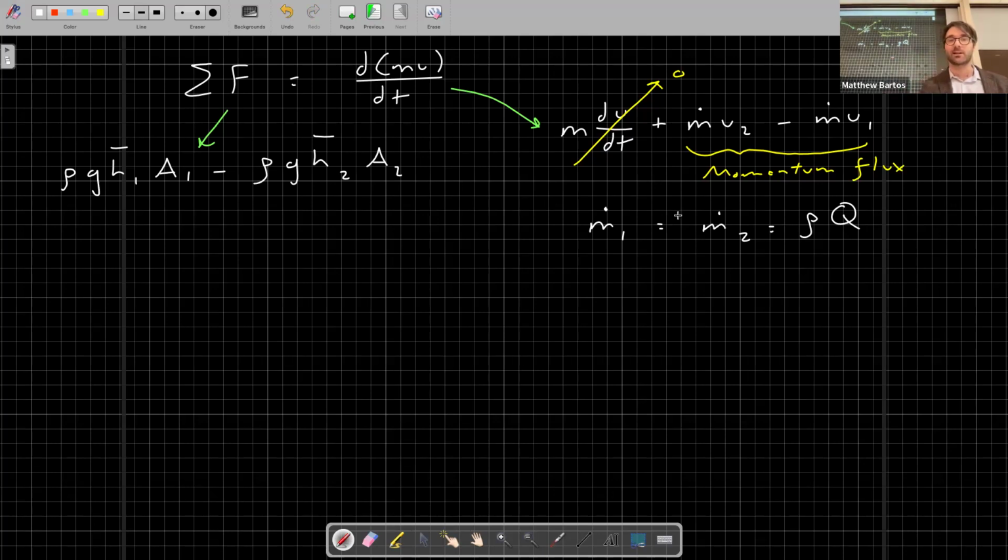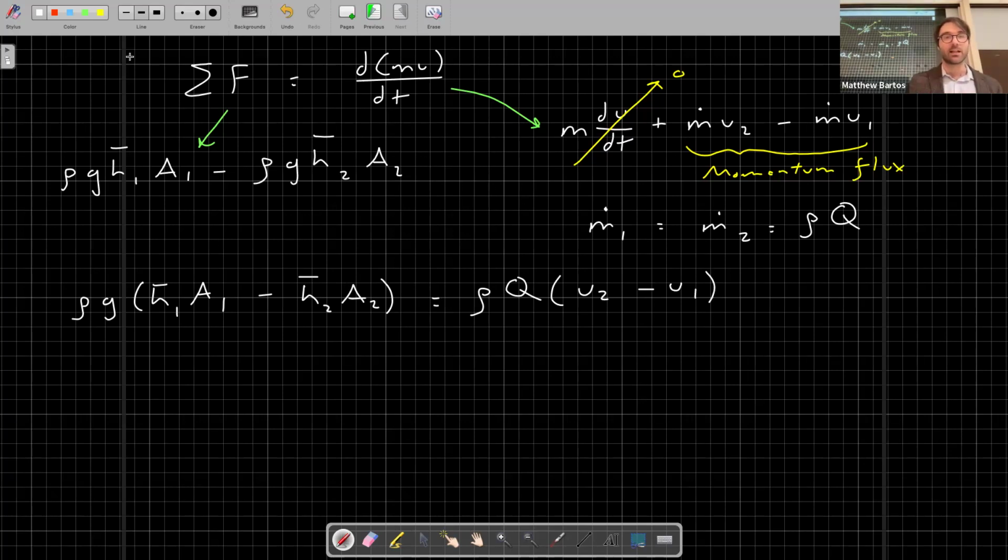So let's equate these two sides here. We'll end up with rho times g times (h bar 1 times A1 minus h bar 2 times A2) is equal to rho times Q times (U2 minus U1).